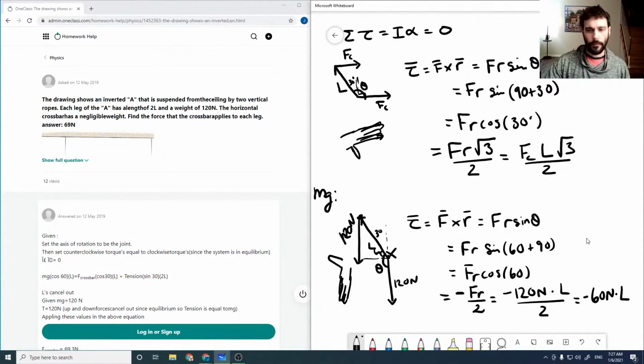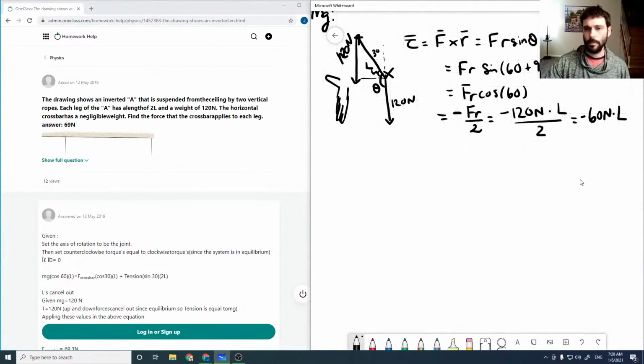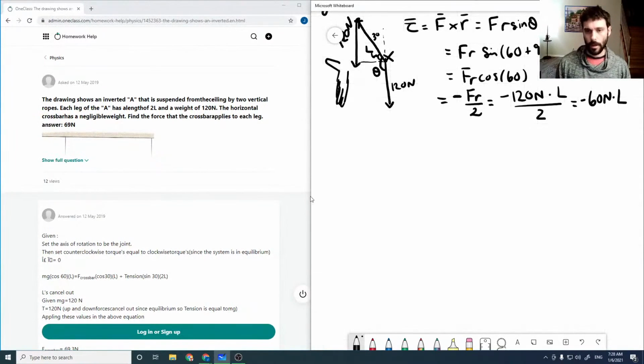Okay, and then for our tension force, this guy is being applied at 2L, and it's going upwards, so there's our tension.